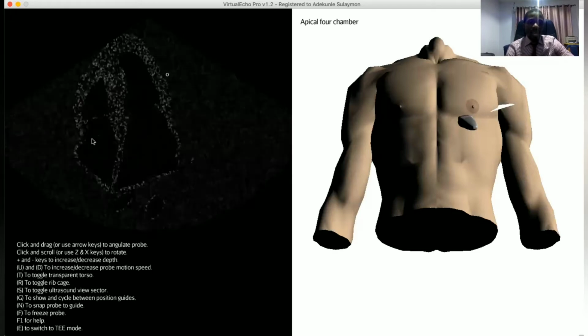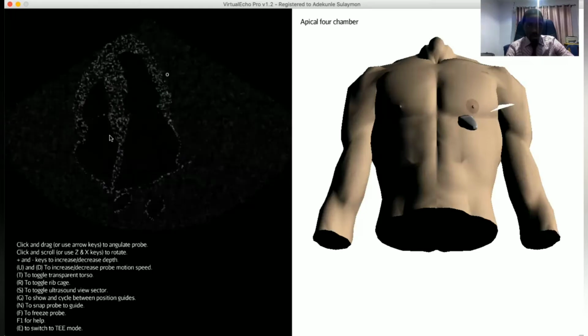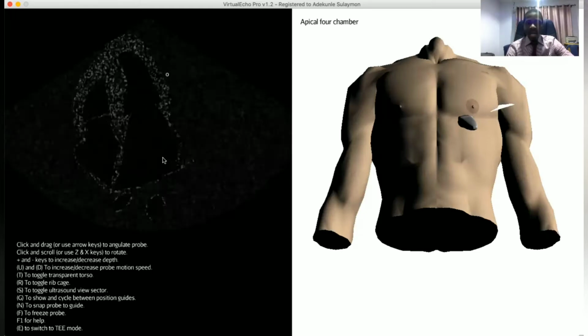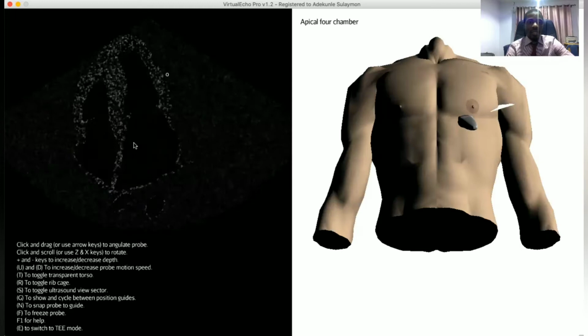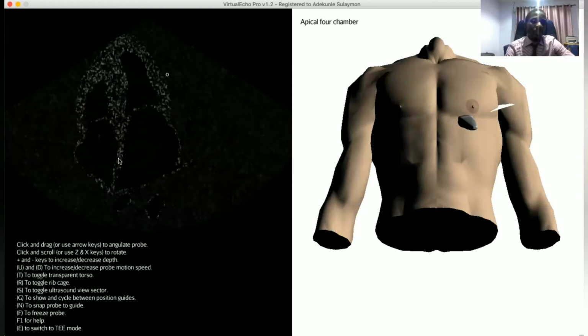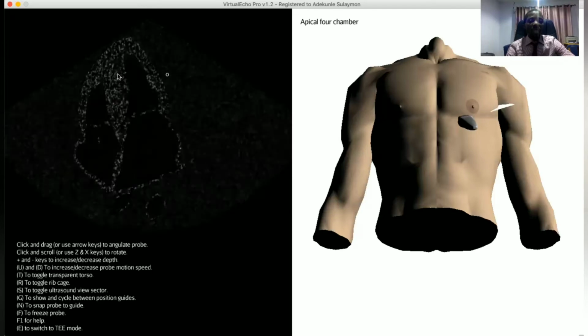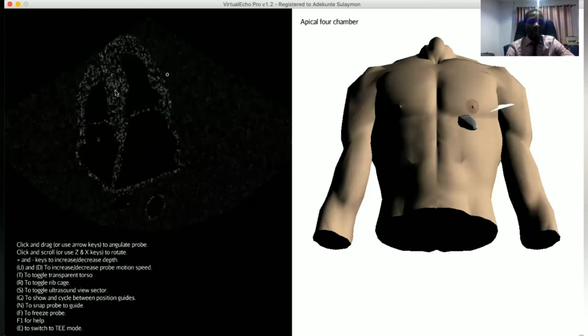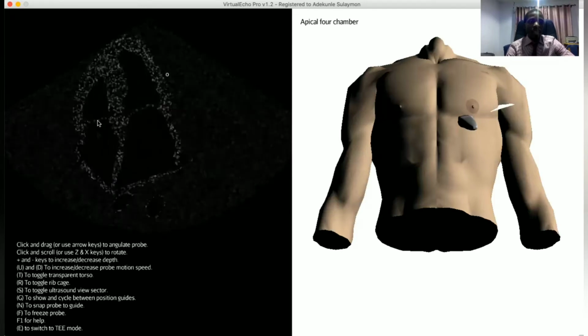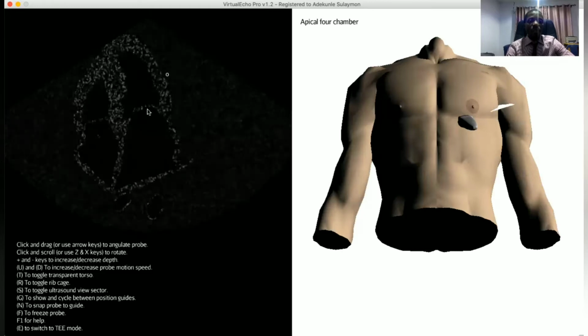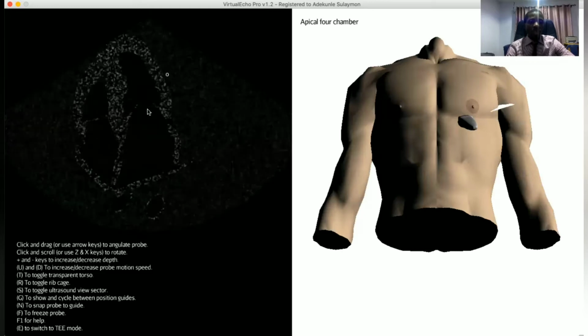These atria are usually smaller, but you understand what the structures are from the schematic representation or the schematic movie. So you have the interatrial septum and the interventricular septum, that's the IVS here.